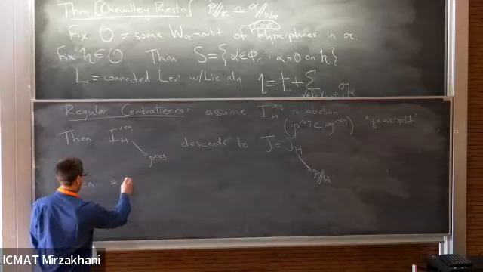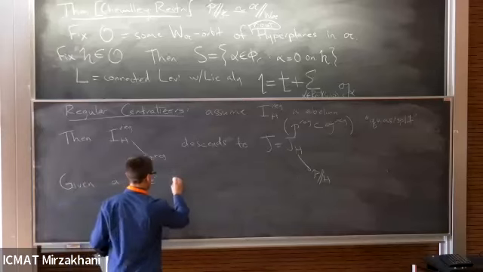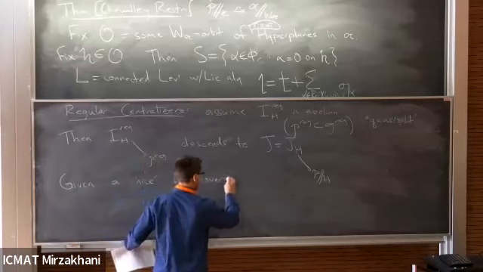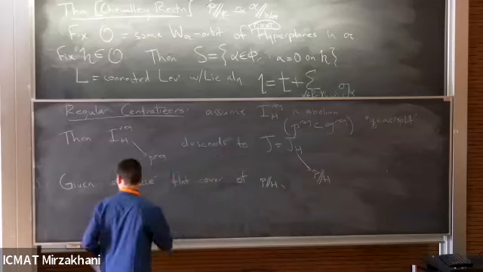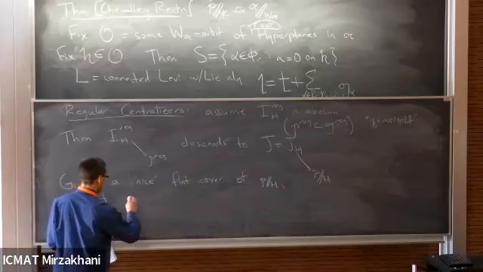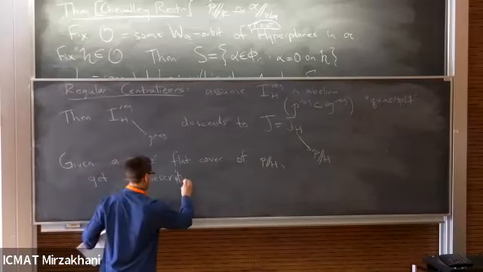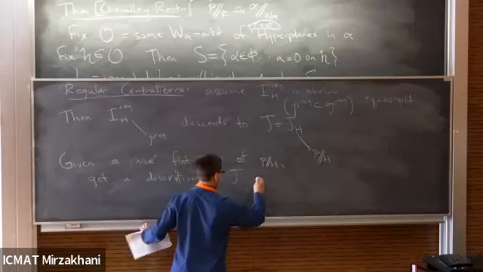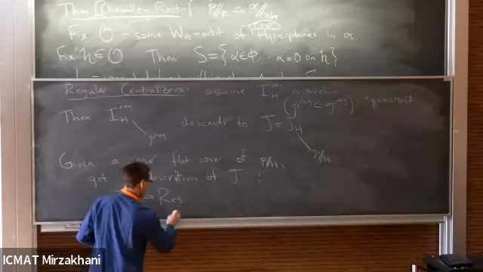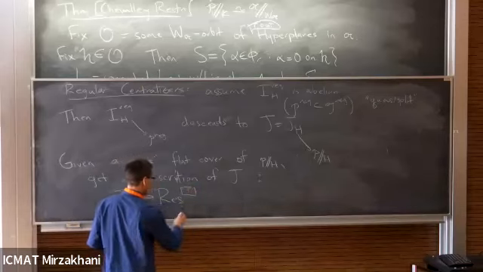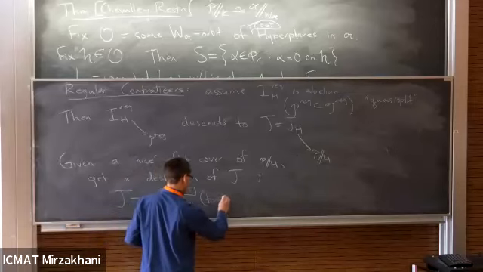So given a nice flat cover of this GIT quotient, we can get a description of J that looks a little bit like J is given by some Weil restriction, from whatever flat cover it is down to this GIT quotient, of some torus.